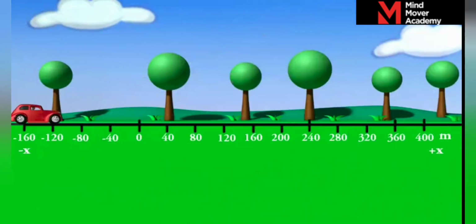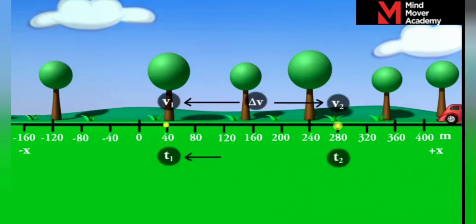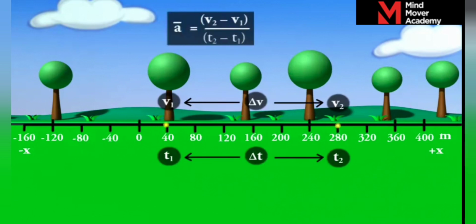The average acceleration a over a time interval is defined as the change of velocity divided by the time interval. So, a bar is equal to v2 minus v1 upon t2 minus t1, is equal to delta v upon delta t, where v2 and v1 are the instantaneous velocities, or simply velocities, at time t2 and t1.